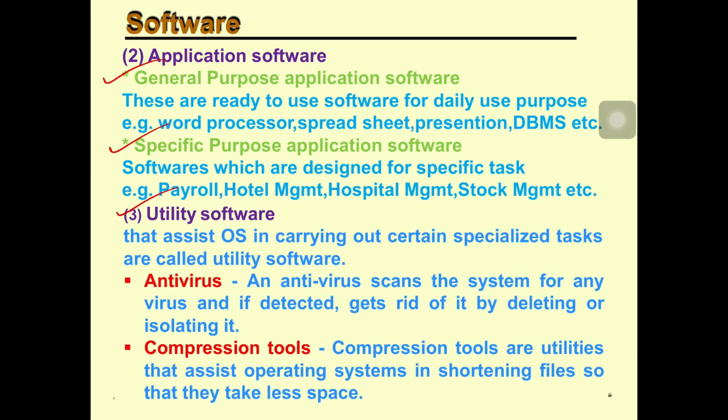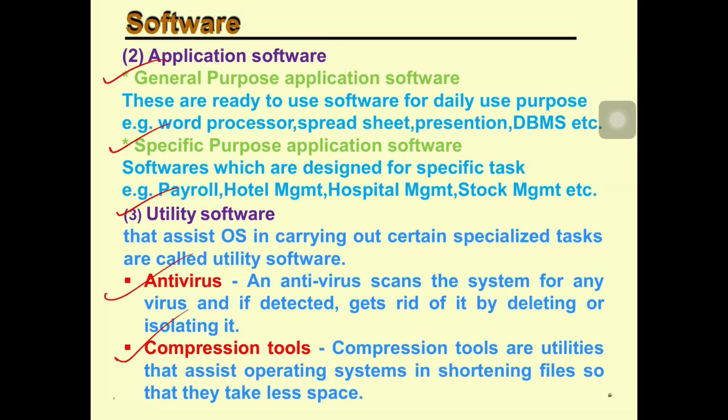Now it's time for the utility software. Utility software are those software which are used for the housekeeping functions of the computer. Housekeeping functions are the functions which the computer performs at daily durations. Examples of utility software in our computer are: first, the antivirus, which runs every time it's needed, and second, compression tools.